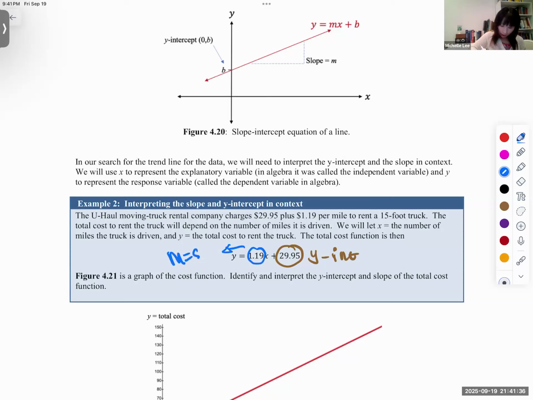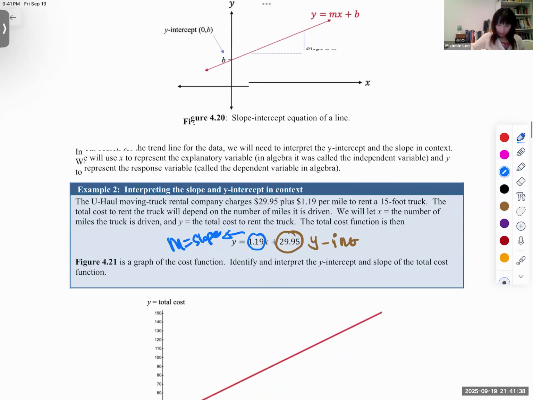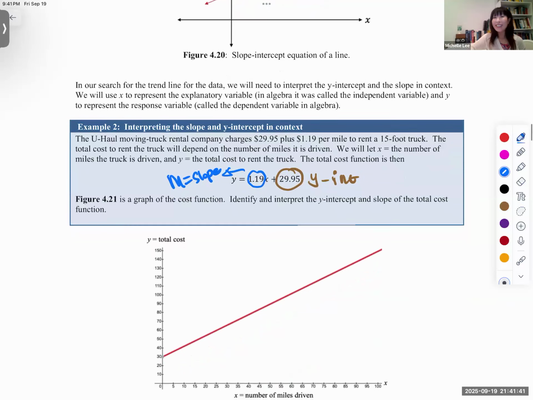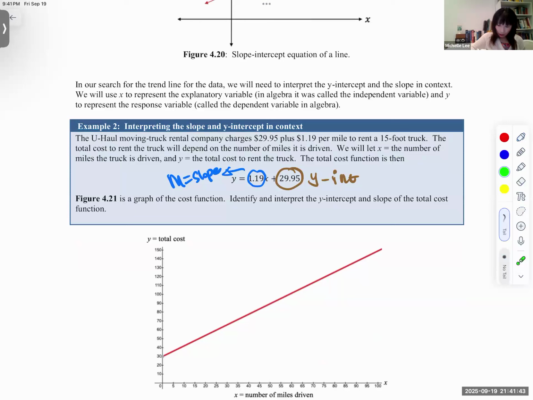So the y-intercept is (0, 29.95). We start with 29.95, and then the slope, which is 1.19 over 1, because we don't see any number, that means 1.